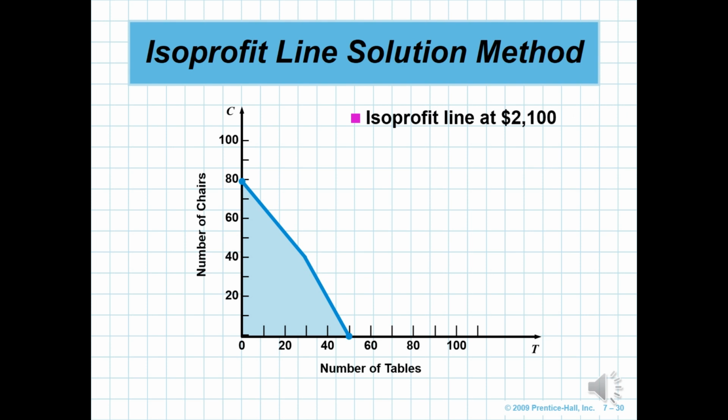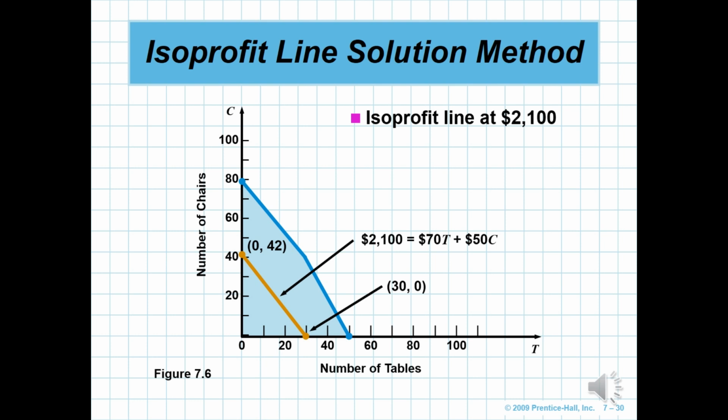Based on the objective function equation, we assume our profit value is the small one, 2,100. So we draw the line. If we produce 0 chairs, we get T equal to 30, and if we produce 0 tables, we get C equal to 42.